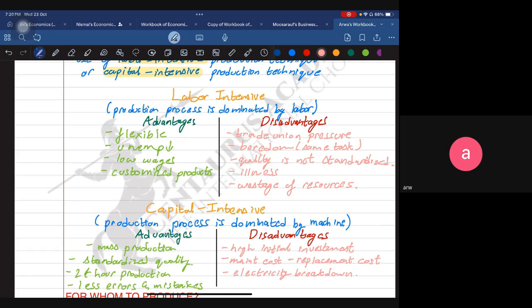So when you are pointing this out, you will have to say very specifically that in some of the developing countries you might face the electricity issue, right? That basically results in the electricity breakdown.